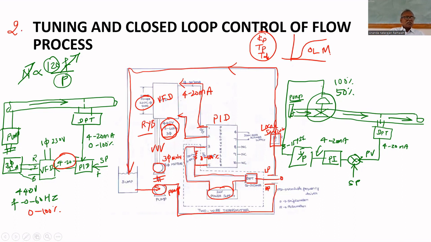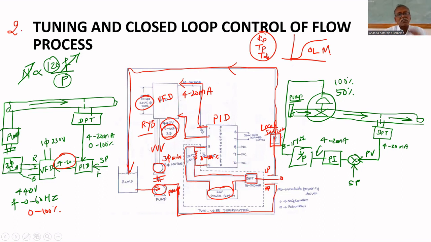But the flow process, theoretically, is a zero order process, not even first order. Theoretically no process in the world is zero order, that we know. But if you obtain it mathematically from first principles, it is a zero order process.